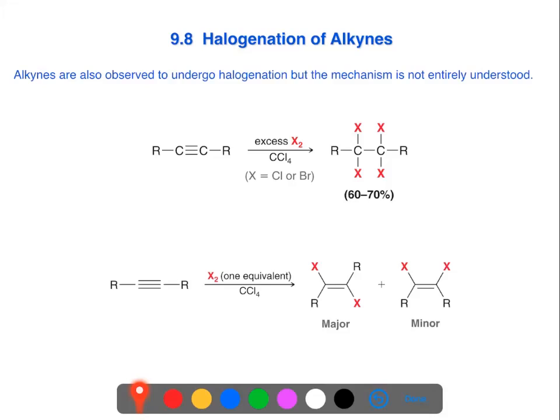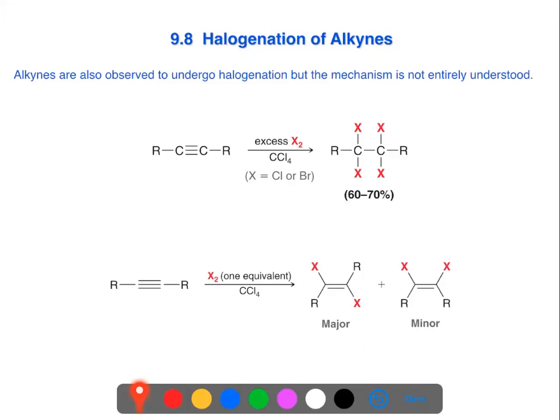So if we use one equivalent of our halogen, meaning it's a 1 mole to 1 mole ratio of X2 to the alkyne, under those reaction conditions, the major product that we will observe is the formation of a dihaloalkene.